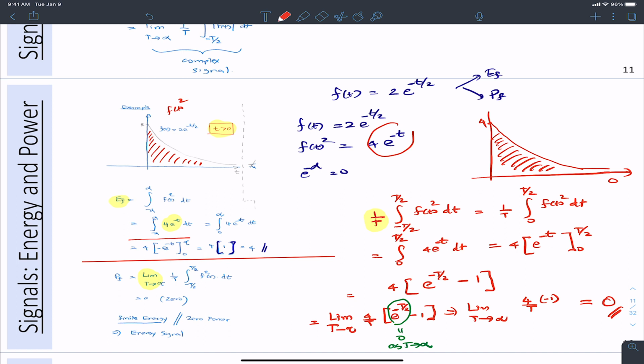So let me do another example. After the next example, we will sit back and think about what energy is and what power is. These are two very important things. We will call this type of signal an energy signal.